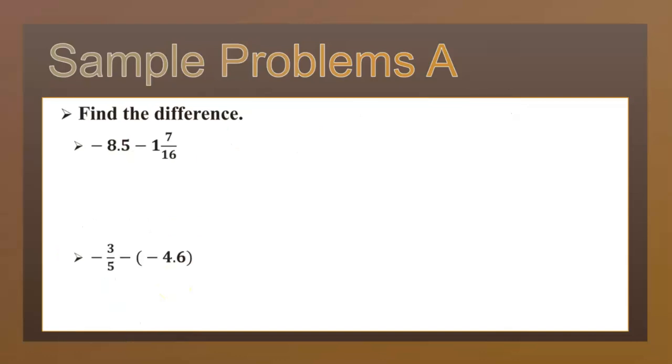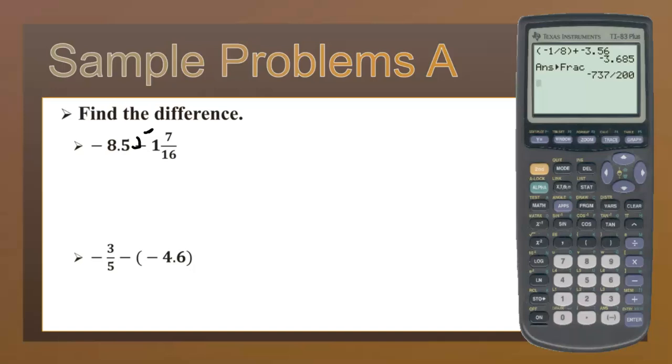Next, find the difference of these. Here, I'm adding the opposites. So here, I'm going to change 1 and 7/16 to a decimal. So let's change that. So 7 divided by 16 gives us 0.4375.